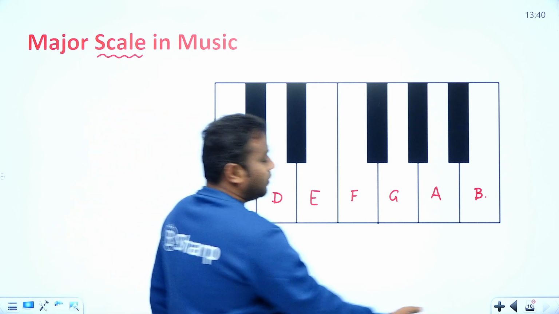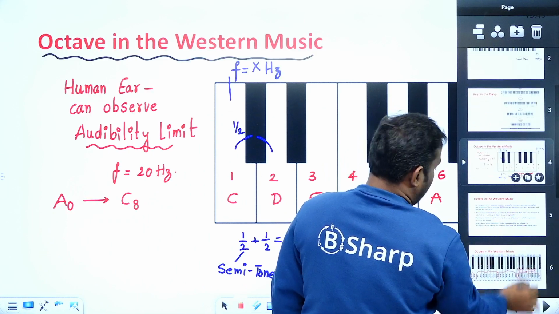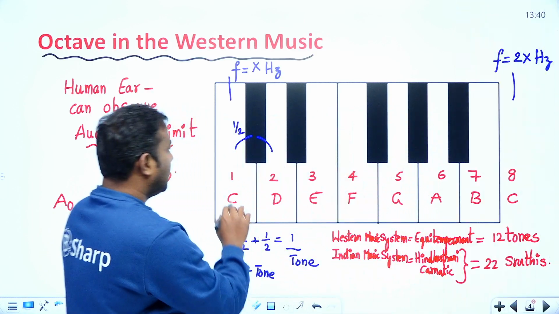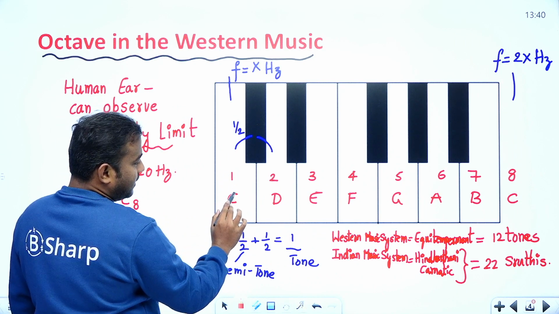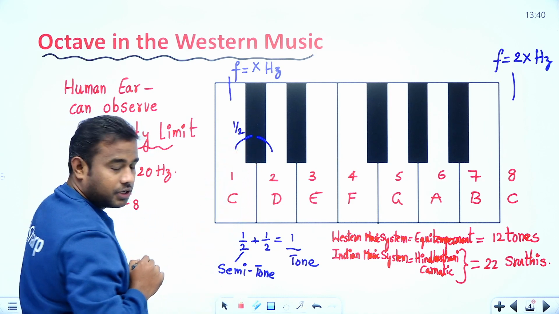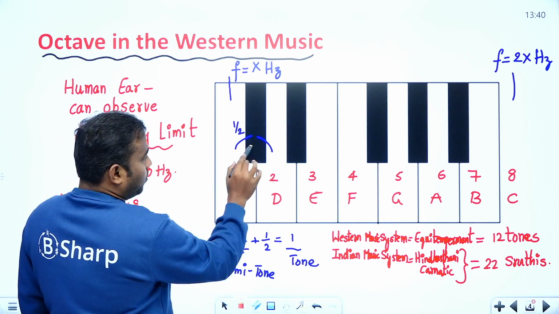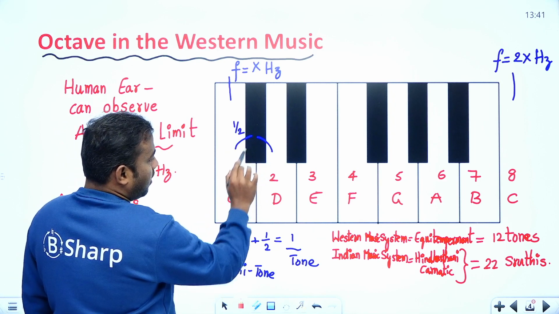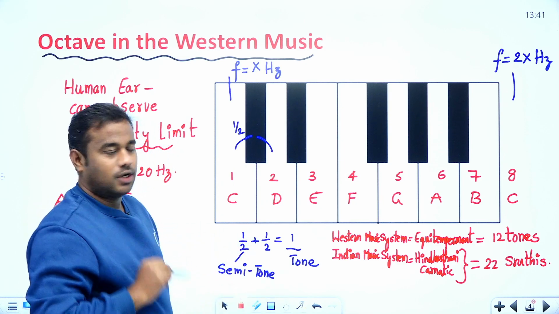If you could follow the previous class, I was discussing another point, that is the tone. The difference between one key and the next key is a half tone, or we can call it a semitone. So the difference of two half tones, this is one half tone and another half tone, will be called a single tone.